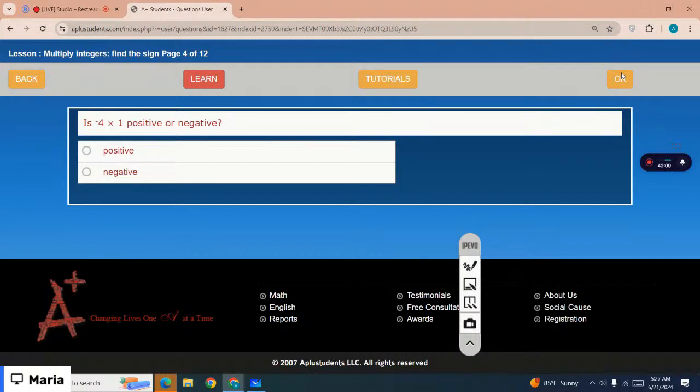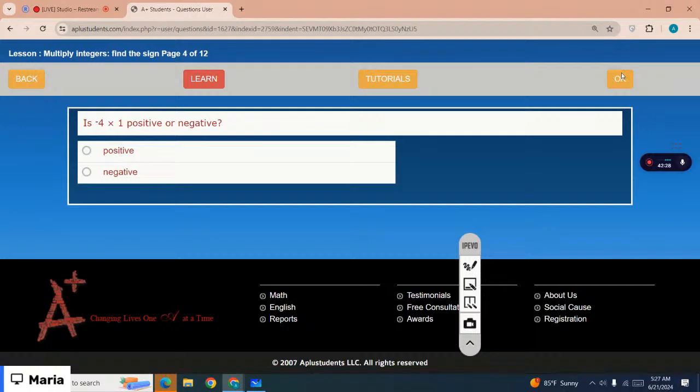Is negative 4 times 1 positive or negative? Negative it is, right?